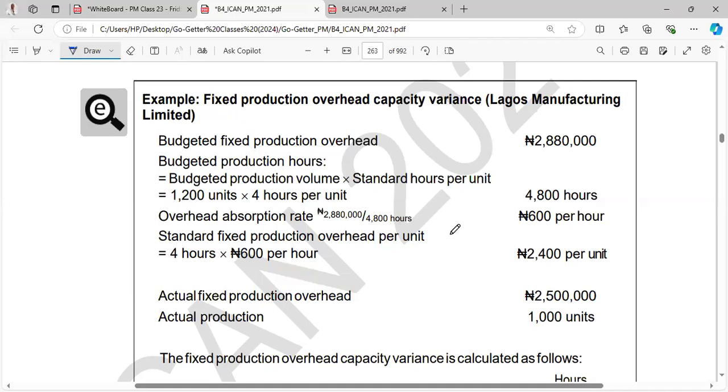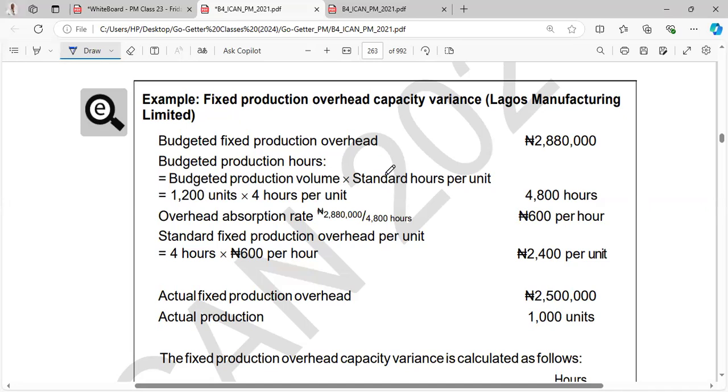So let me not talk much about that so that I will not confuse you the more. But just note the way we calculated our budget, production overhead budget. This is the cost we budgeted to spend. This is the budgeted hours. It may not be the standard hours because this is budgeted units.